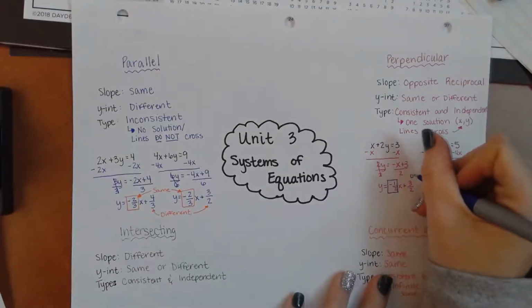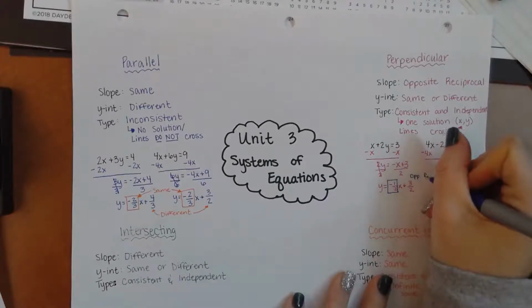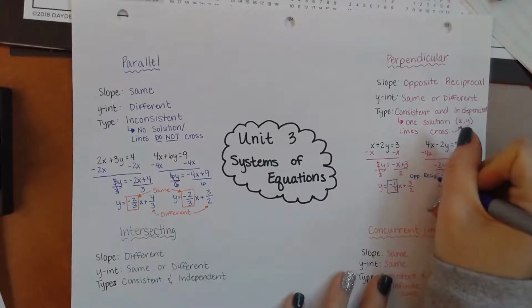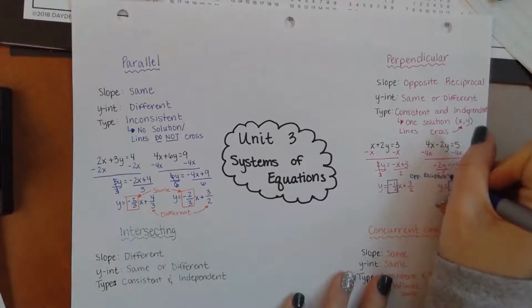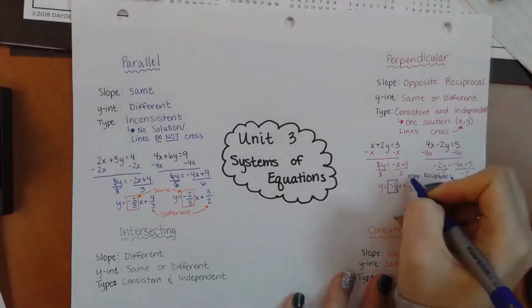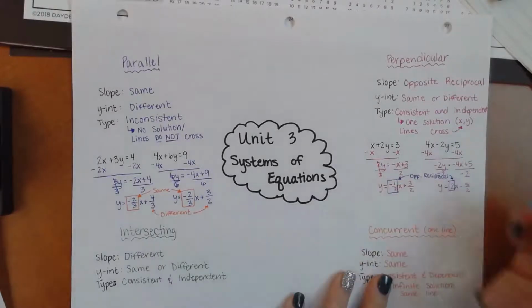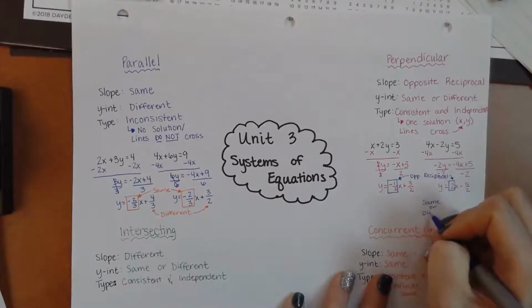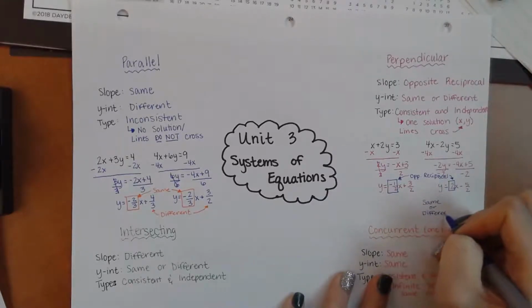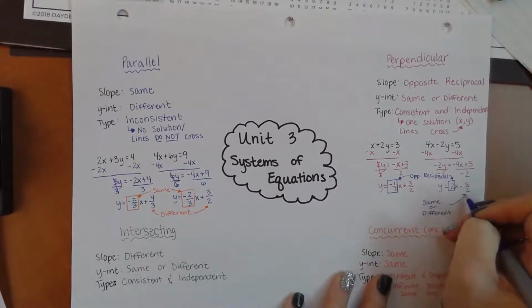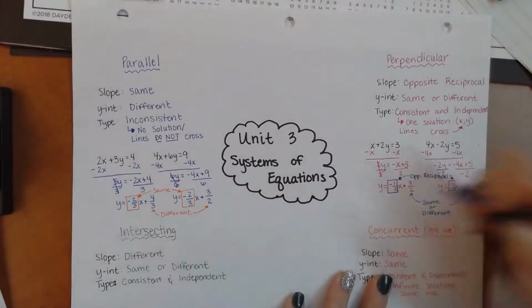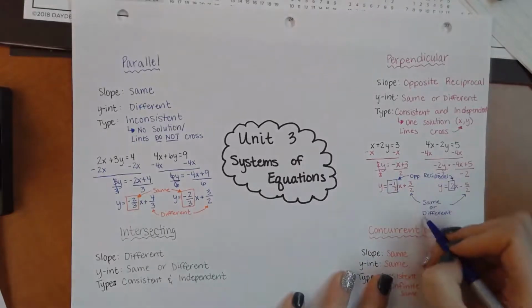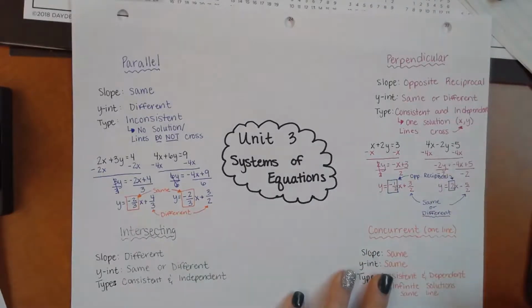So these need to be opposite reciprocal. Cool. And then your y-intercept can be the same or different in this case. Most of the time they will be different like they are here, but it can be either one.